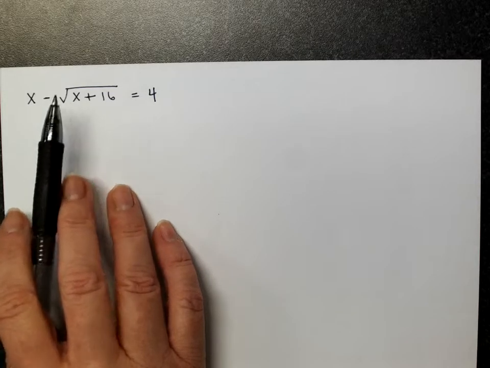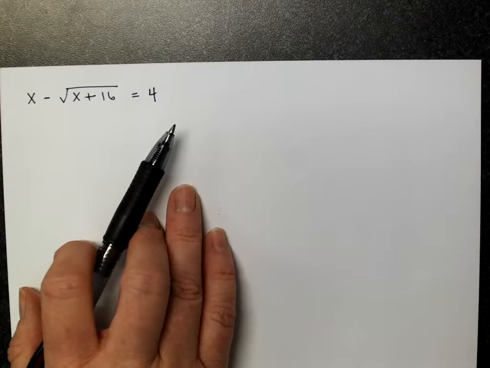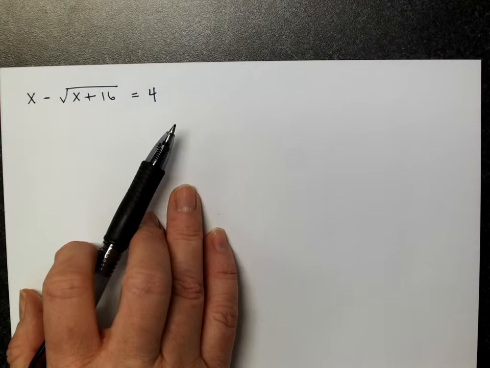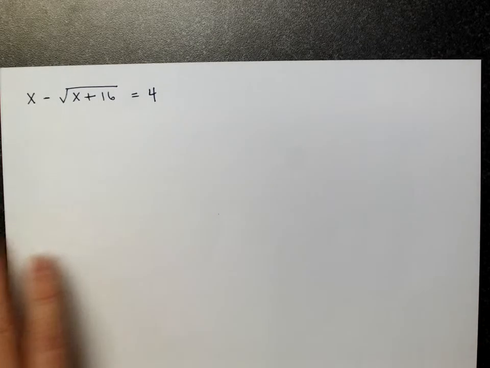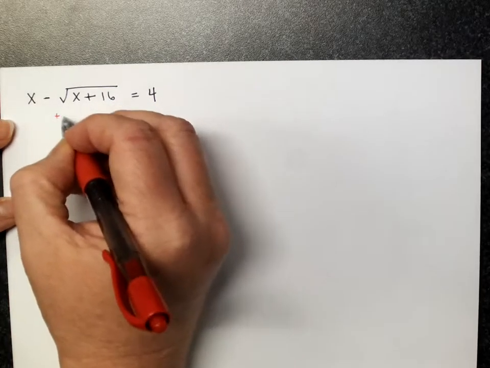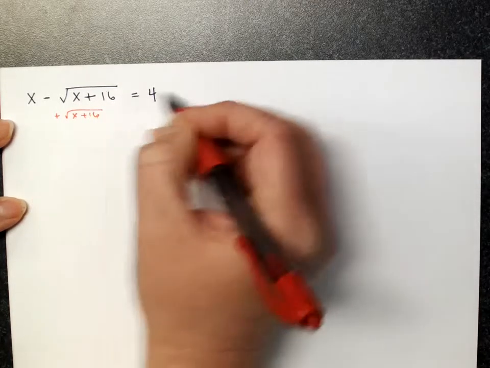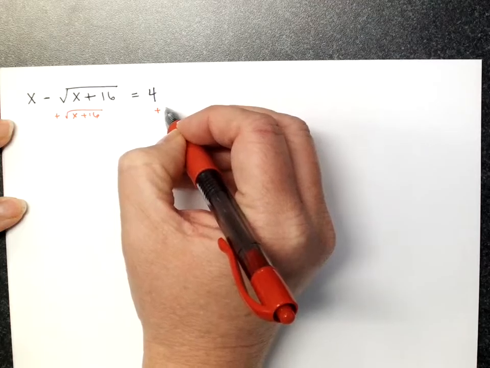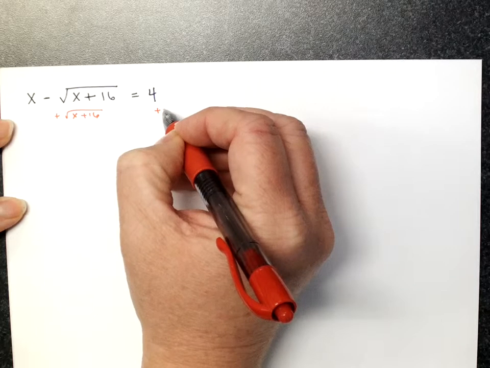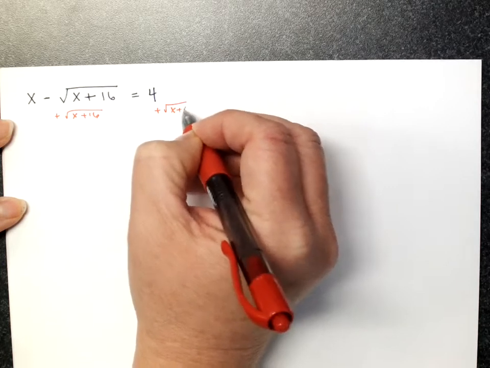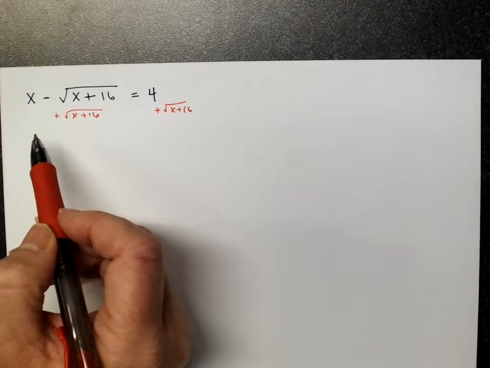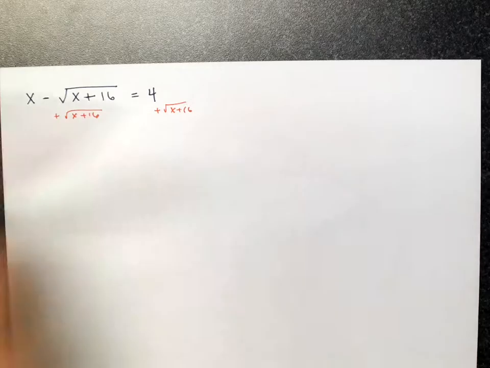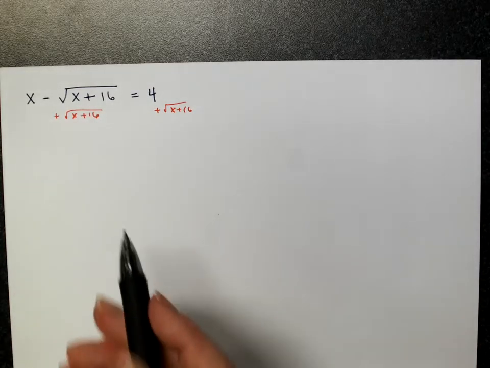So let's move this over to the right. That'll make it positive, which means we're going to move this 4 over to the left. So basically, you're going to be adding square root of x plus 16 to both sides. Or couldn't you just take the x minus 1 and just move it over to the... There's no x minus 1? Wouldn't it be, 1... No, yeah, you're right. Never mind. That's not right.